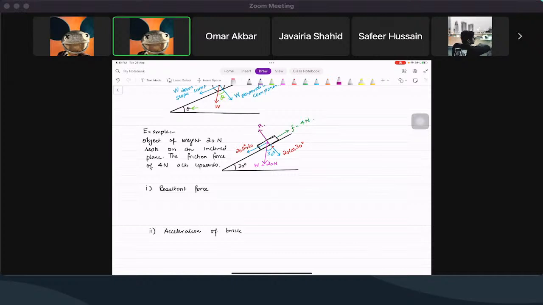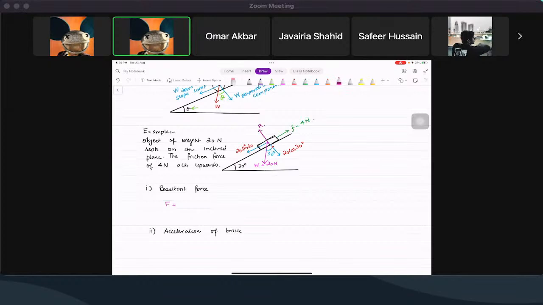So one thing you should always remember is that there is no other force perpendicular to the slope except for R and 20 cos theta. So we are just looking at the forces which are parallel to the slope. So resultant force is equal to ma, but we just need resultant force, so we don't need this. Okay, never mind.